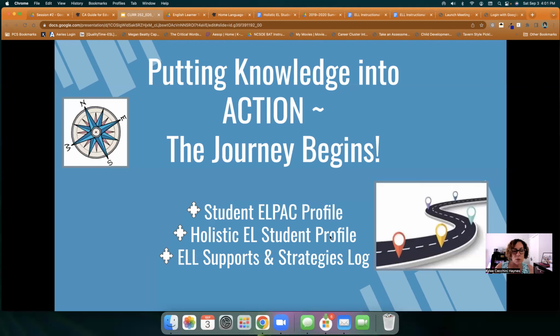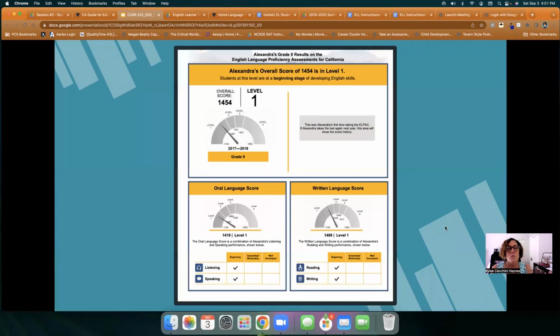That document that we looked at the very beginning of the slide deck, where you take one of your EL students, you give me LPAC data, you give me CASP data, you give me anecdotal thoughts that you have, things that you know about the student, and then you identify strengths, needs, and next steps, right? That's the EL student profile. So we're going to do it for Alexandra, all right?